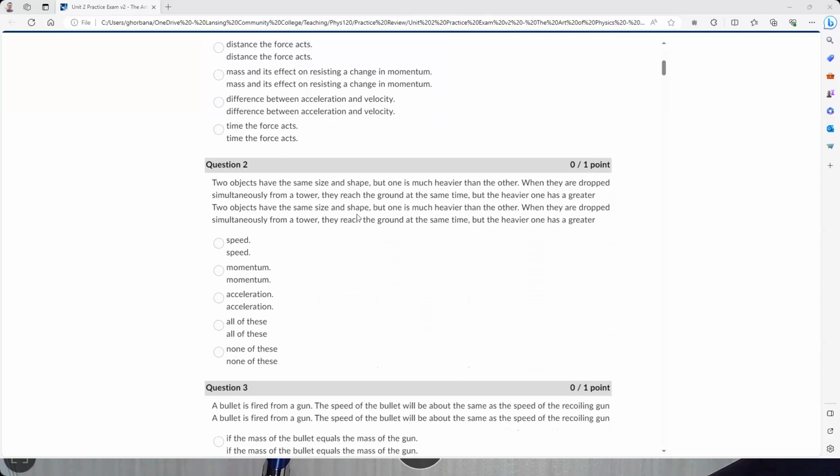When they are dropped simultaneously from a tower, they reach the ground at the same time, at the same velocity, but at different what? What do you think?